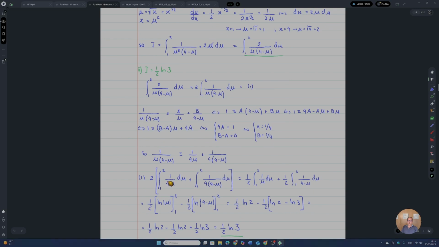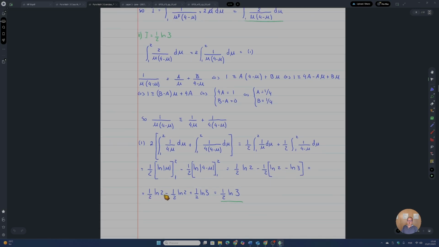I just sent this 1/4 outside, multiplied by 2, that's just 1/2 of 1 over u du. Same thing over here, 1/2 of 1 over 4 minus u du. Here are the result of these integrations that you should know by now. Substitute by the limits, and don't forget here that natural logarithm of 1 is 0. So eventually you got what you need.